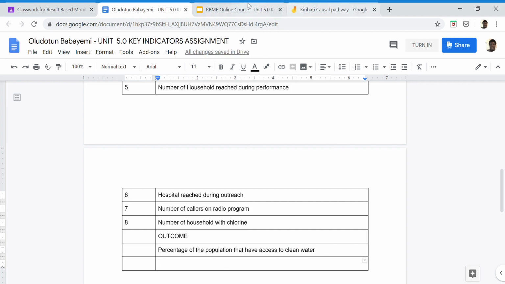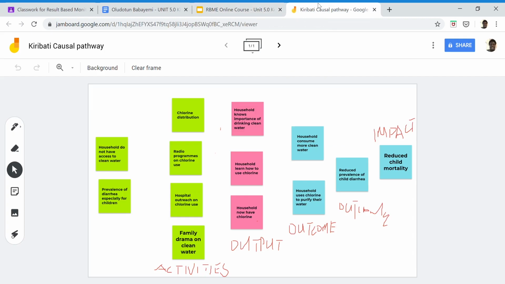And let's look at it again. Also uses chlorine to purify water.